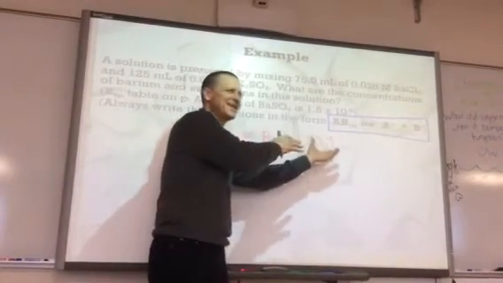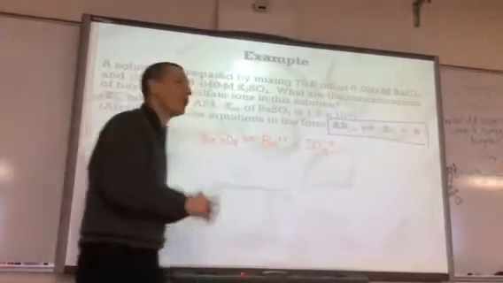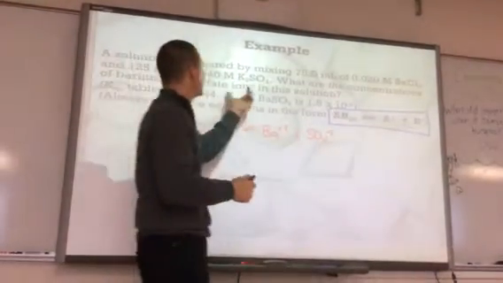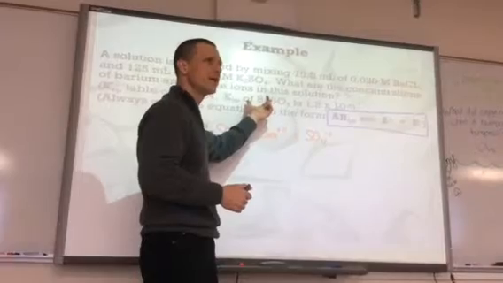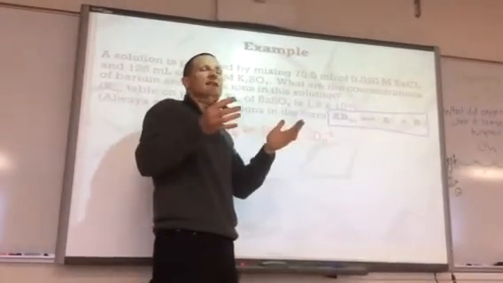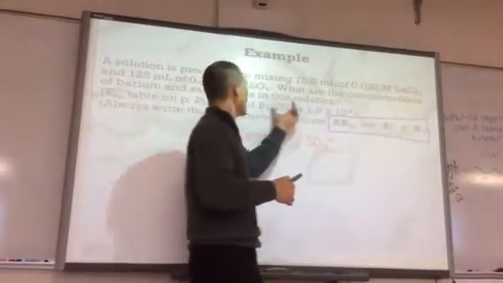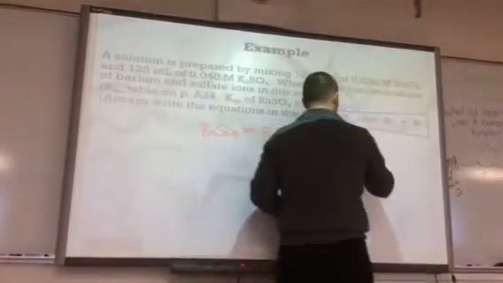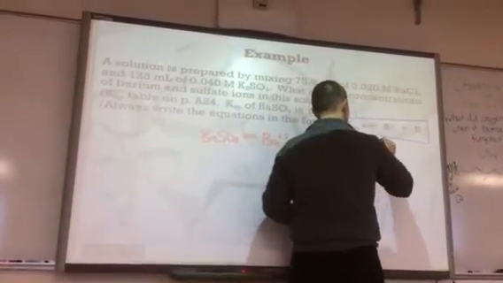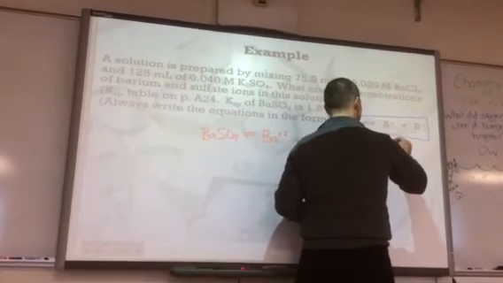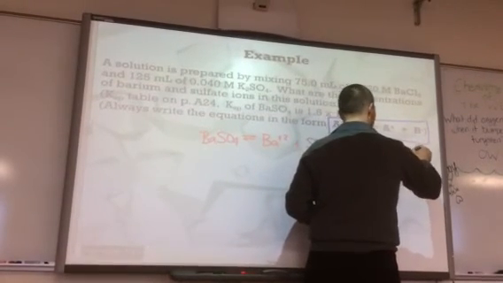Why would you write that this way if you're only starting with products? Well, the reason is because it gives us the Ksp. And what does a K expression include? It's the products over the reactants. So the way this thing is given, what they mean is barium concentration times sulfate concentration.